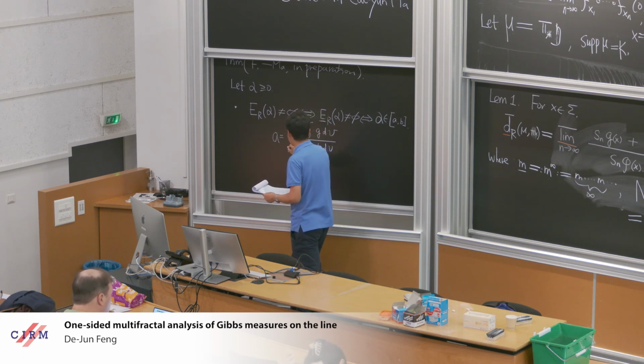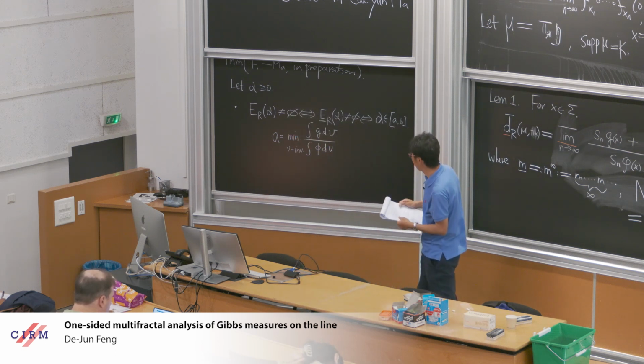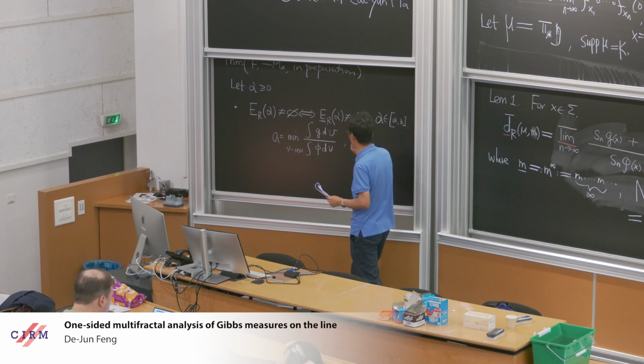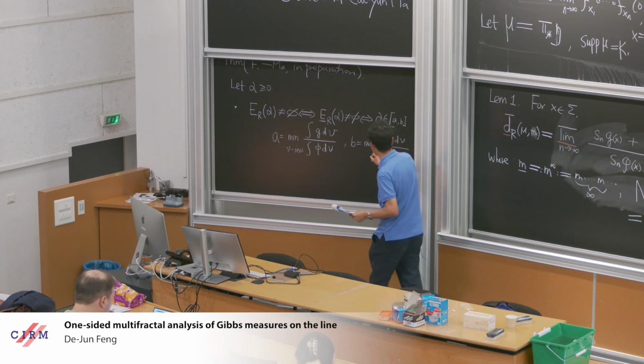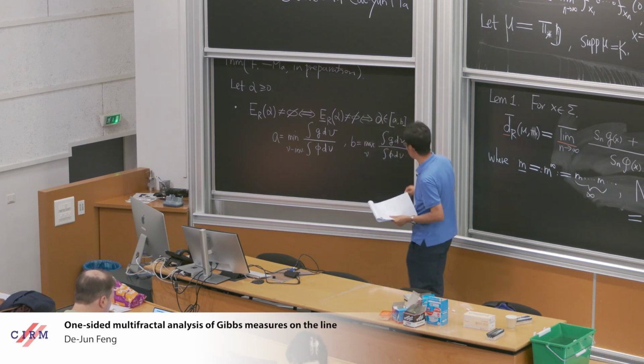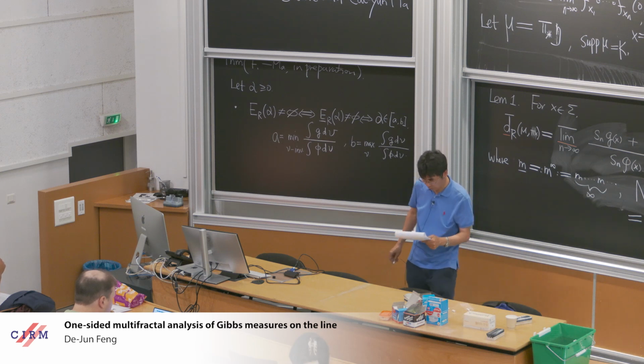Well, nu is a sigma invariant measure on the symbolic space. Okay, and similarly B equal to the maximum.